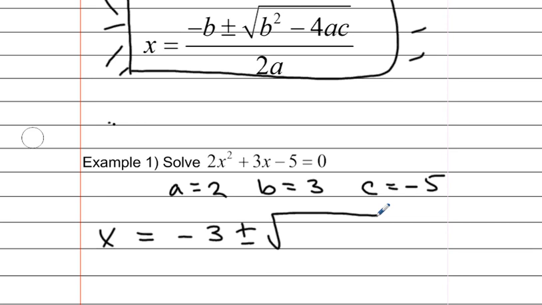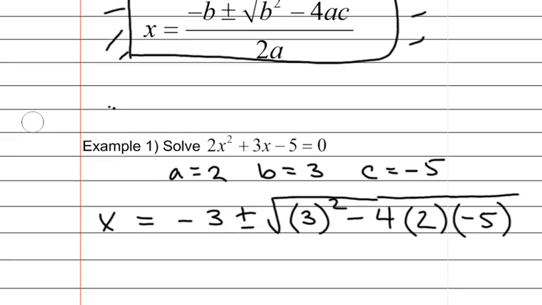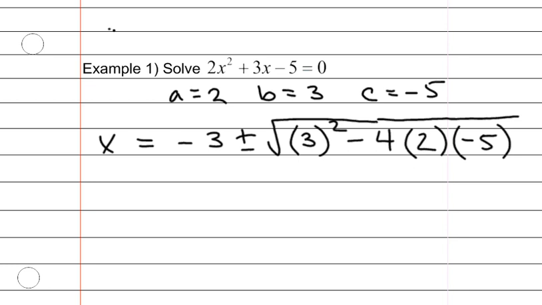I would put this in parentheses because sometimes b will be negative itself, so you want to make sure to square that. Minus 4 times a, and I like to put the a and the c also in parentheses because c is negative 5, and you want to make sure you're multiplying by negative 5. That's negative b plus or minus the square root of all that, all over 2 times a.